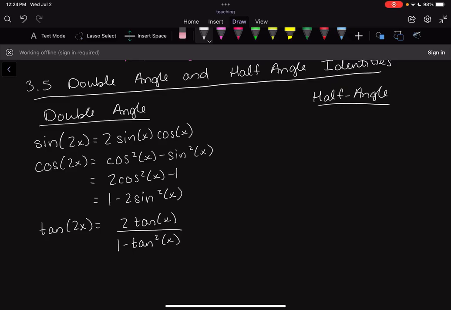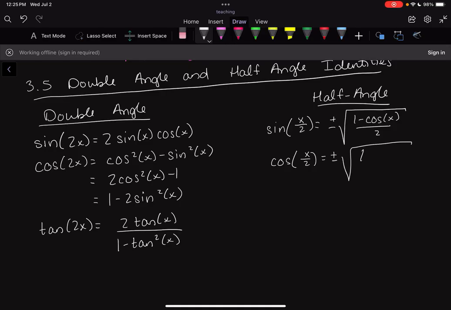Next I'm going to write my half angles. So the half angles, sine x over 2 is equal to plus or minus square root of 1 minus cosine x over 2. Then we've got cosine x over 2 is the square root of 1 plus cosine x over 2.